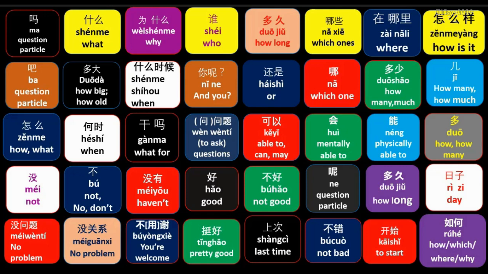The 在 there, used as a prefix, is actually the word for at, or on, or in. It's more like a preposition. So at where? 在哪里? At where? That's the English word for where. Shops 在哪里? That means where are the shops? Your house 在哪里? Where is your house?